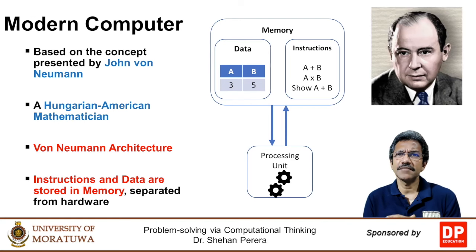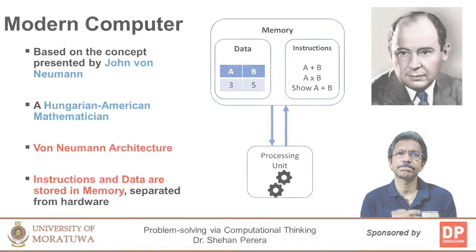Memory unit is like a large box where we can put all the data we want to process and also the instructions on how to solve the problem. The processing unit will take one step or one instruction at a time and also the corresponding data and process it and do the calculation and produce the result for us.